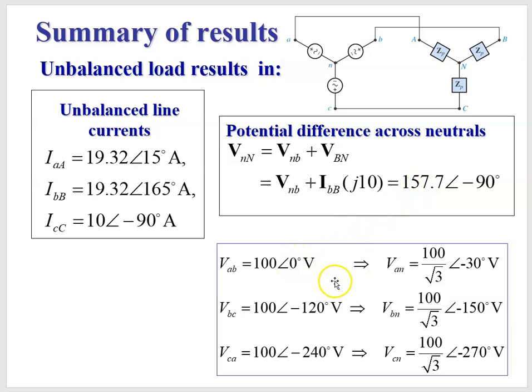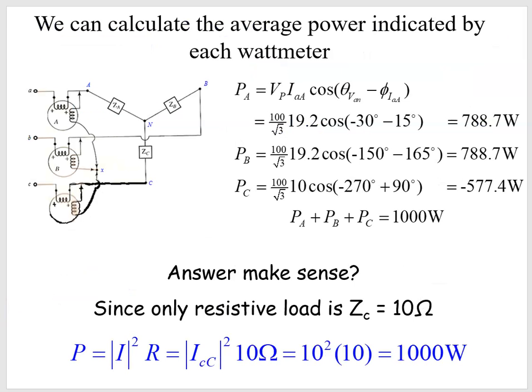And again, our line voltages are all still the same, or phase and line voltages, because we have a balanced source. So if we go to calculate our power, if we put in our wattmeters, our phase voltage was 100 over square root of 3, the line voltage divided by square root of 3, times our line currents, right?